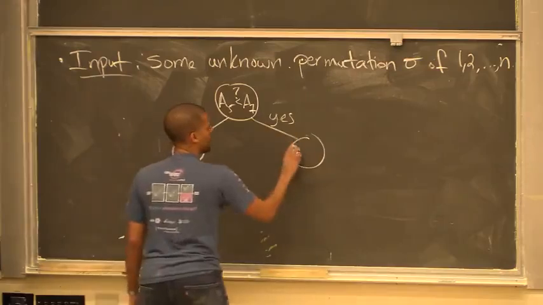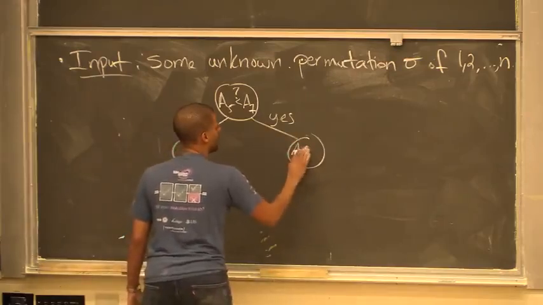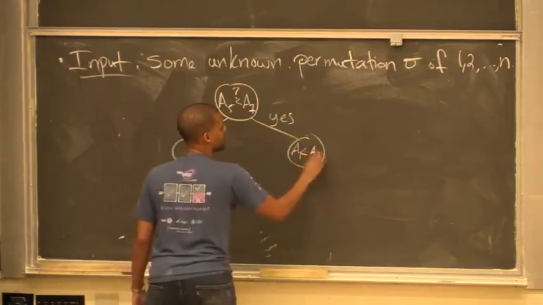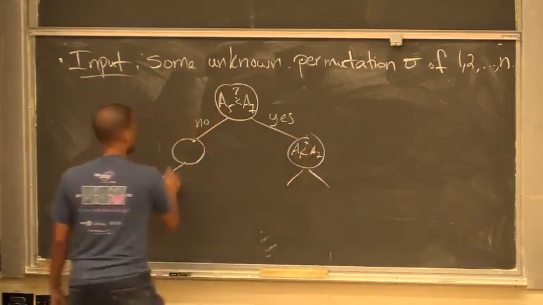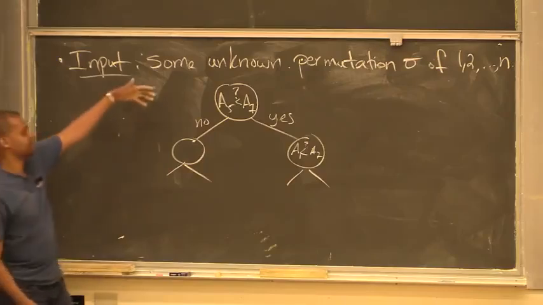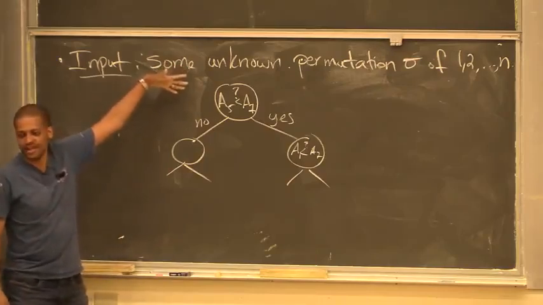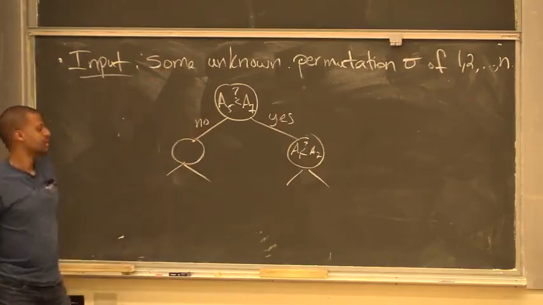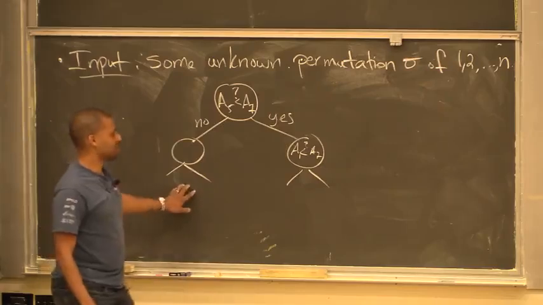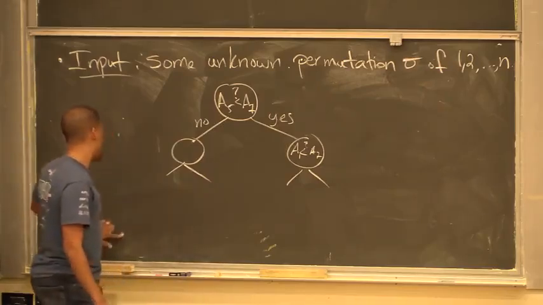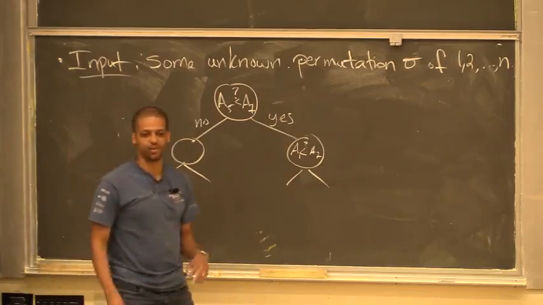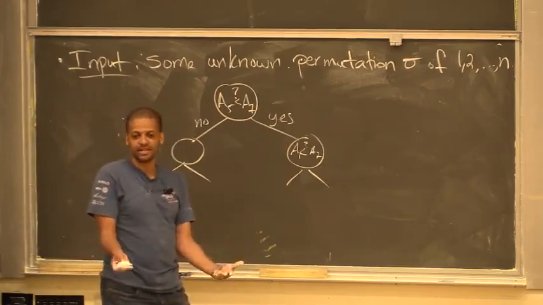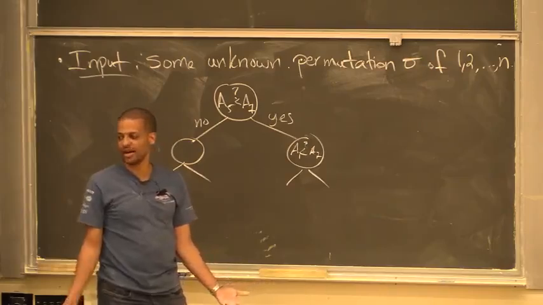It might ask, how about A1 versus A7? Who knows what it's going to do? But the point is, there's this decision tree that describes the behavior of the algorithm on any input. Now, the leaves of this tree correspond to the algorithm knowing what the answer is. Once it stops asking questions, that's because it knows which permutation it found.